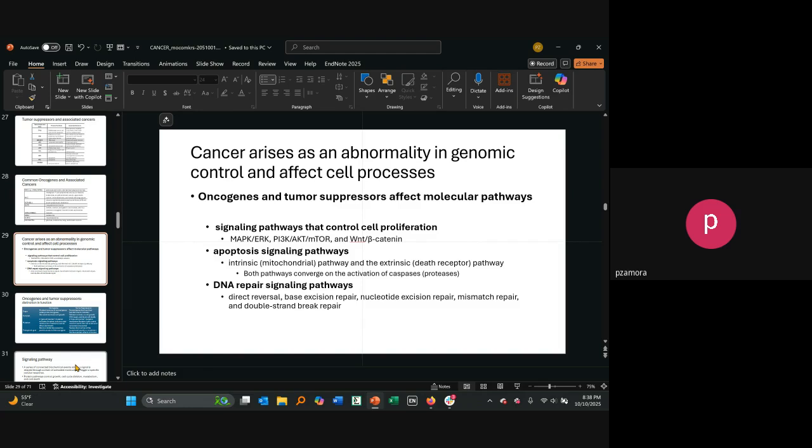Again, we come back to cancers arise as abnormalities in genomic control and they affect cell processes. Both the oncogenes and tumor suppressors affect molecular pathways. Specifically, signaling pathways that control cell proliferation, apoptosis, and DNA repair pathways. Again, sort of a common theme.